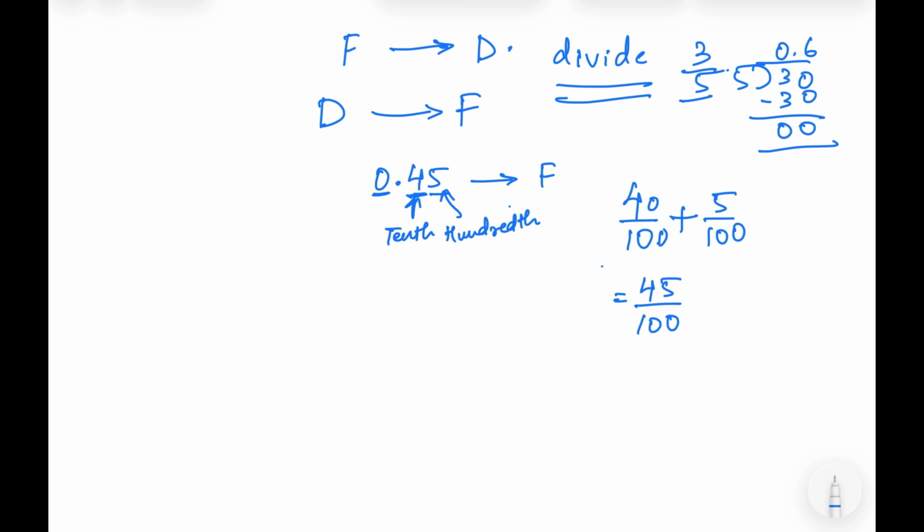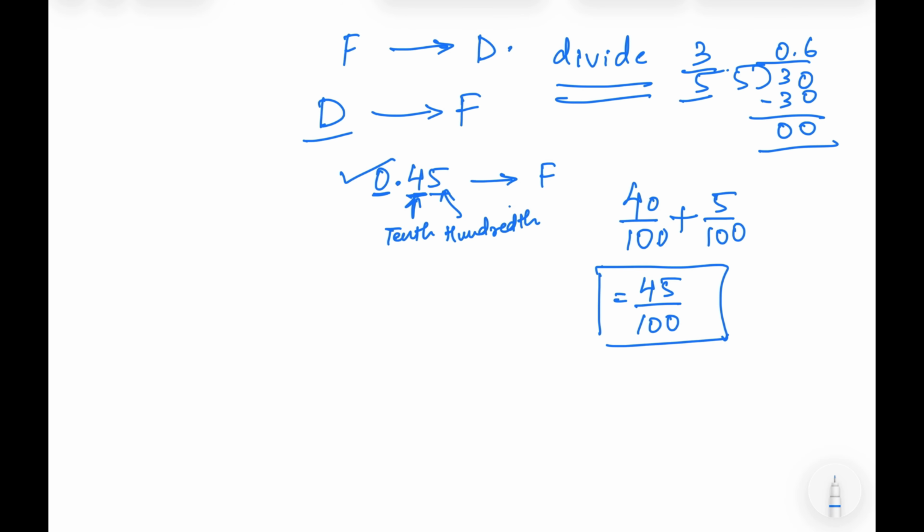So this will become 40 and this is 5. So the total place value is 40 upon 100 plus 5 upon 100. Now the decimal converted into a fraction becomes 45 upon 100, right? So in this way you convert the decimal into a fraction.